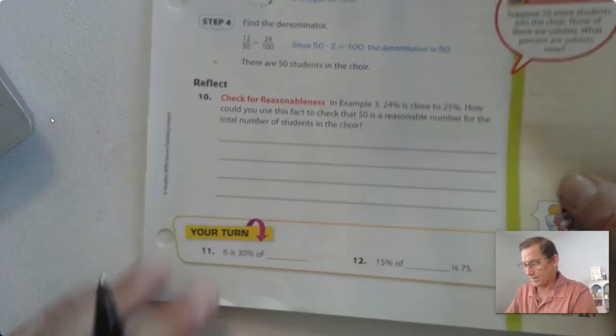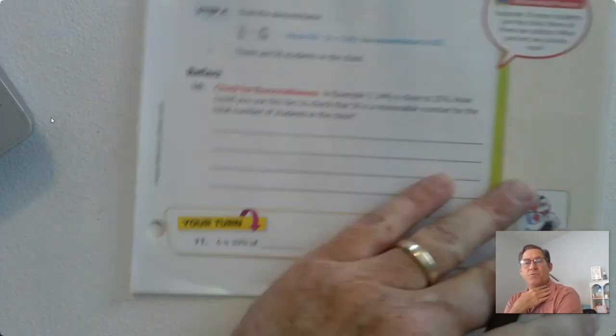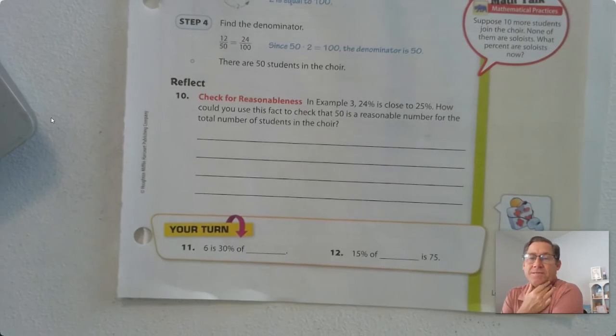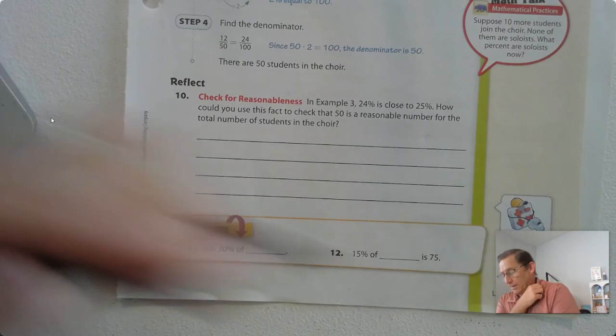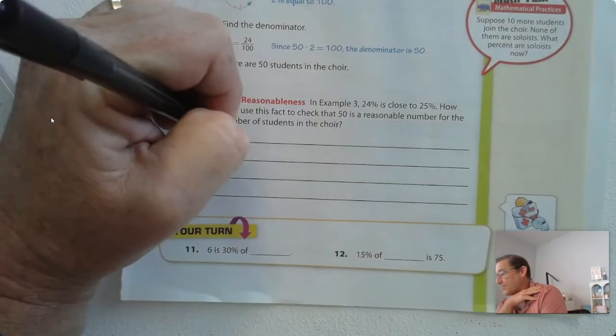All right, so number 10. In example 3, 24% is close to 25%. How could you use this fact to check that 50 is a reasonable number for the total number of students in the choir? All right, so 24% is close to 25%. So let's do this.